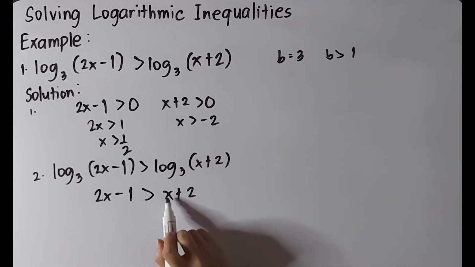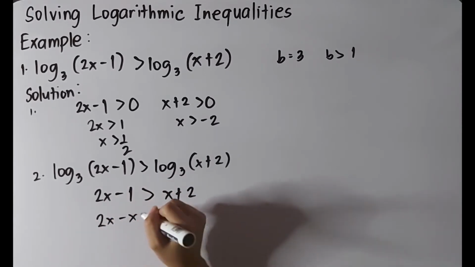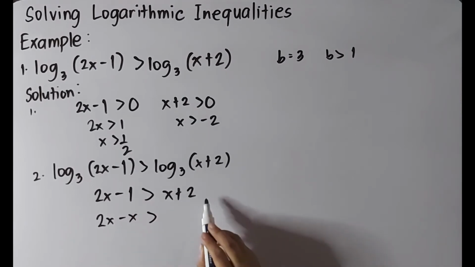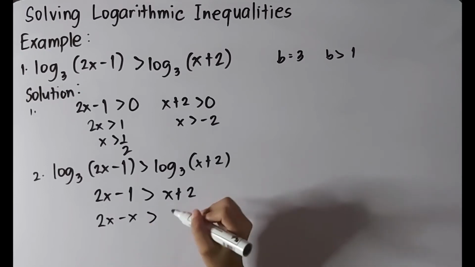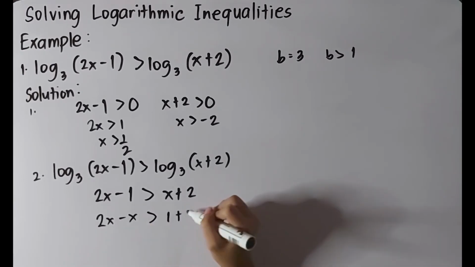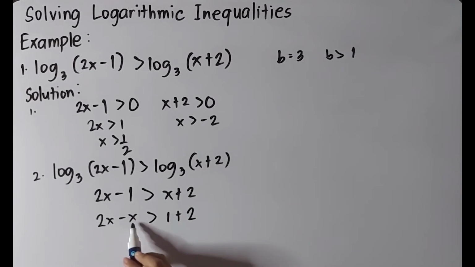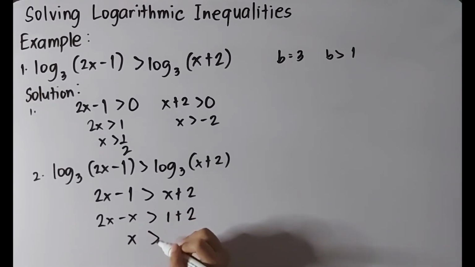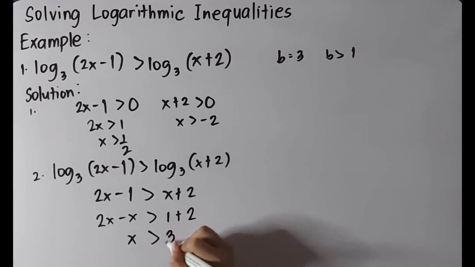Let's transpose positive x to the left side. So we have 2x minus x greater than 2. Let's transpose the constant term to the right side to be combined with this constant, so positive 1 plus 2. Simplifying, x is greater than 1 plus 2, which is 3.